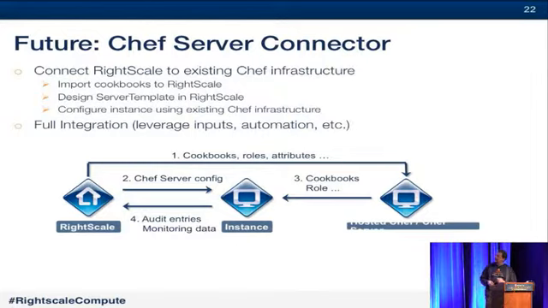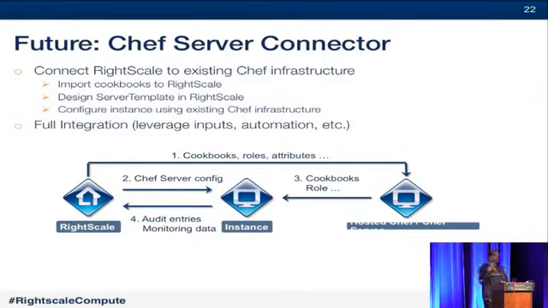The label here is a bit munched, but it says hosted Chef or your Chef server. So the idea is that when you launch a server through RightScale, RightScale is going to use the Chef server APIs to configure it. So upload all the cookbooks, all the roles, all the attributes, and then your server template at that point will be a real server template, a MySQL server template or an Apache server template. And it will run the recipes, the boot sequence, using that Chef server instead of using RightScale.